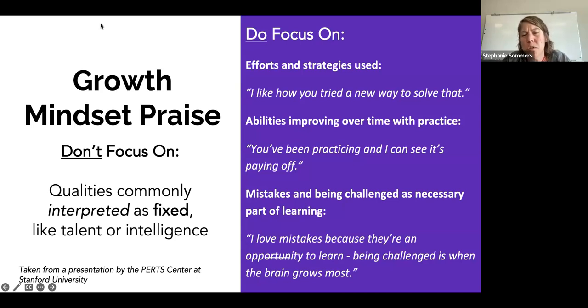Not, gosh, you're so smart, because being smart is a fixed ability. Applying oneself and doing extra work is a sign of having a growth mindset. Saying things like, I love it when we make mistakes because they're an opportunity to learn. So again, developing that culture in your classroom that mistakes are how we learn and get better.